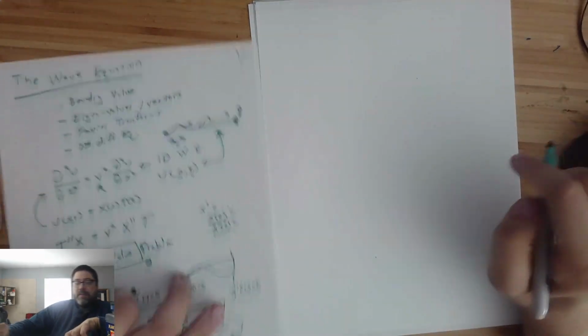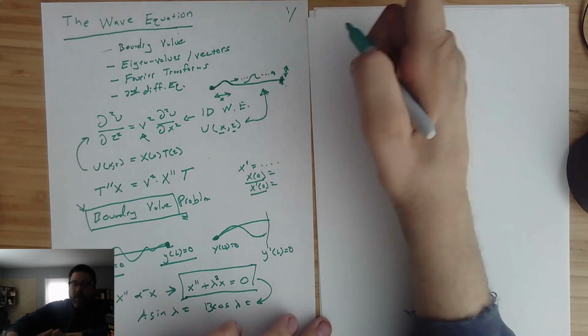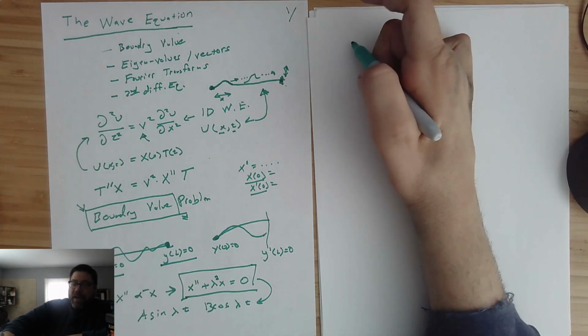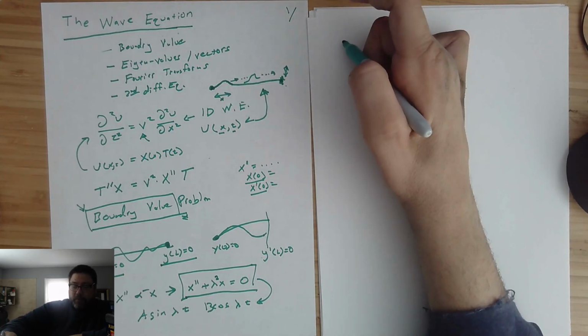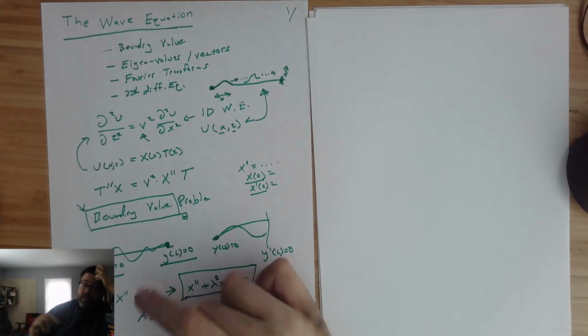So if that's the case, and that is the boundary value problem we're most interested in, I can only have lambda values which allow me to have values where it's 0 at the edges.